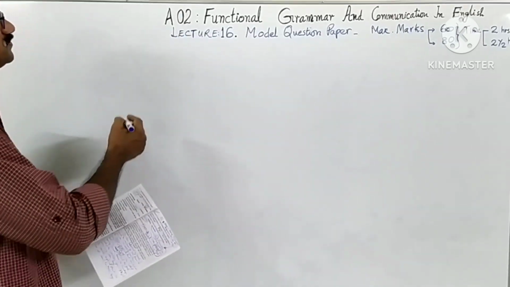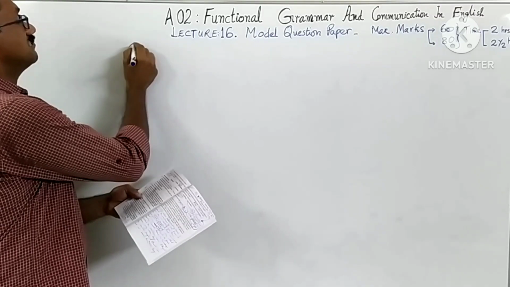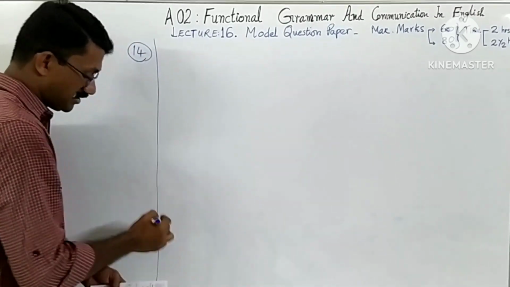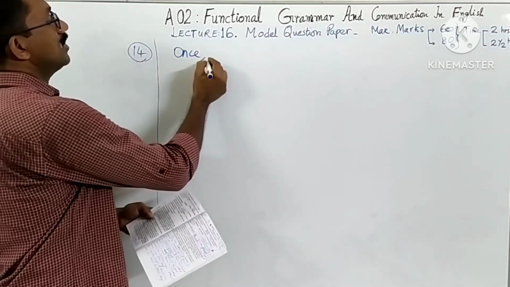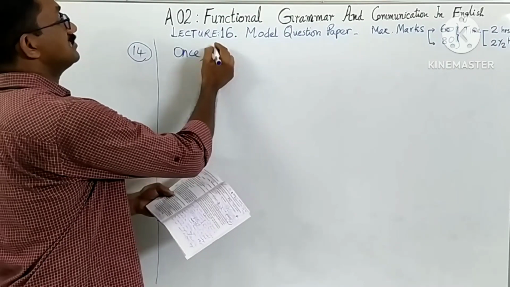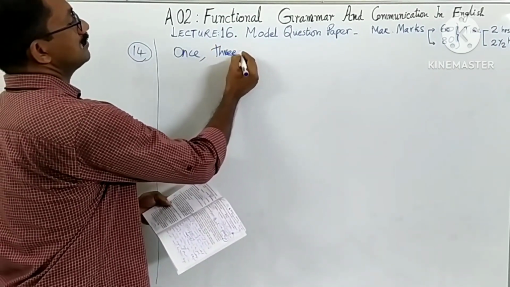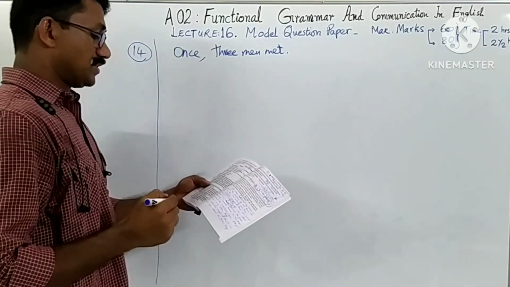So the answer would be, okay, question number 14. Once, comma, three men met, full stop.